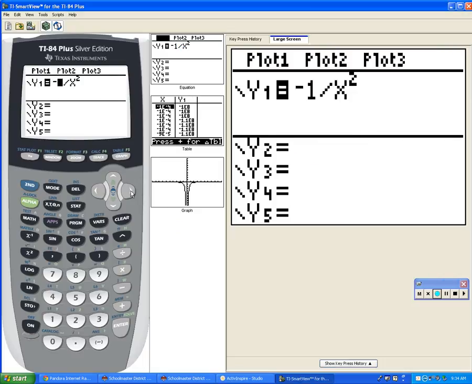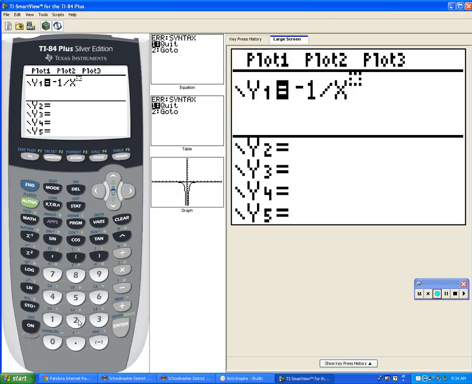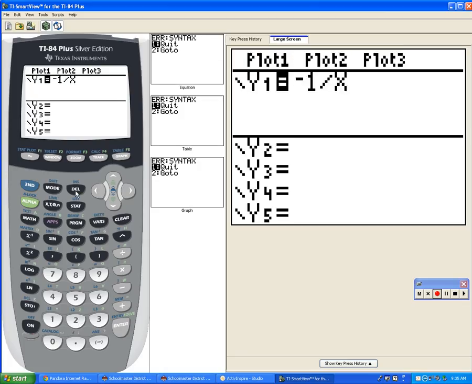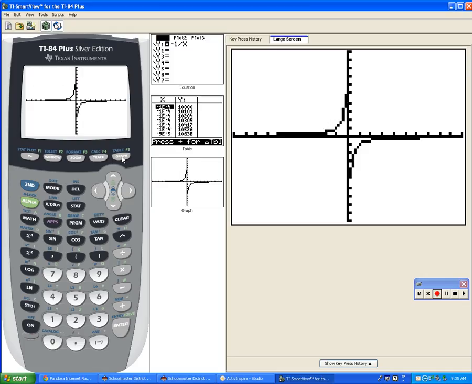Yeah, and if you want to see something that looks like that, then I would get rid of this squared. So if we delete that, and then look at that graph. Now if I look at the limit as x approaches 0 from the left-hand side, this piece is going to infinity. So I have a vertical asymptote there, or from looking at the graph, I could approach 0 from the positive side.